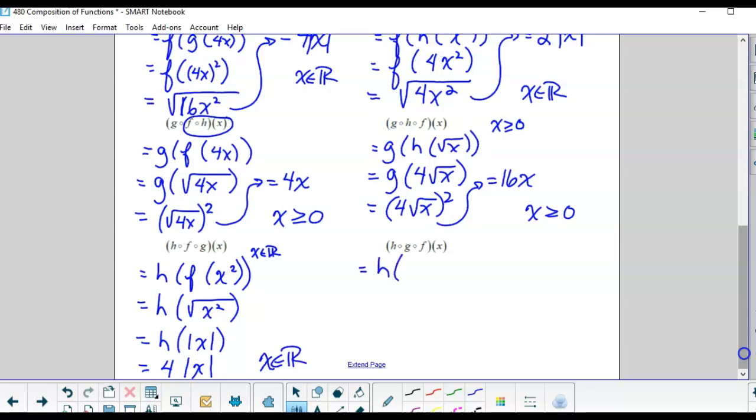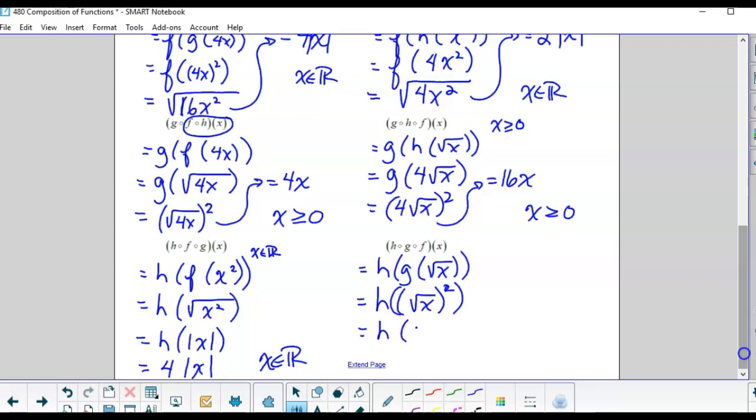Then h of g of f, which is square root of x. H of g is x squared, so that's squared. And then h is multiplying by 4.